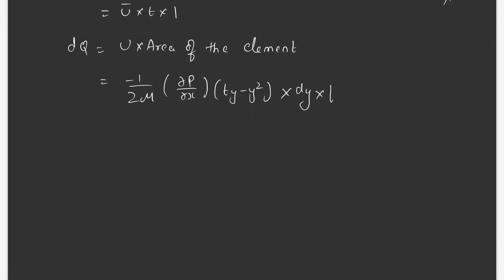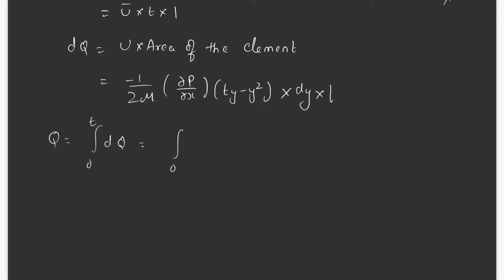Now we'll integrate it. What should be the limits? We have taken dy at a distance y from the bottom wall. So if we integrate it till the top wall, that is 0 to t, we'll get the total discharge between these two parallel plates. Q is equal to integral 0 to t of dQ.